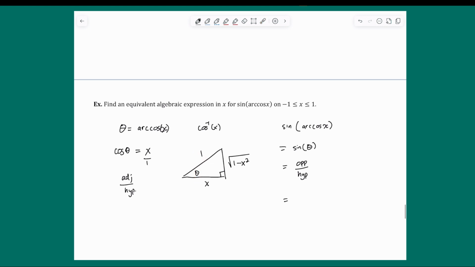And so what we have is the square root of 1 minus x squared all over 1, which is just the square root of 1 minus x squared. Okay, and notice the restriction is between -1 and 1, because if we got something larger than that, that would be undefined.